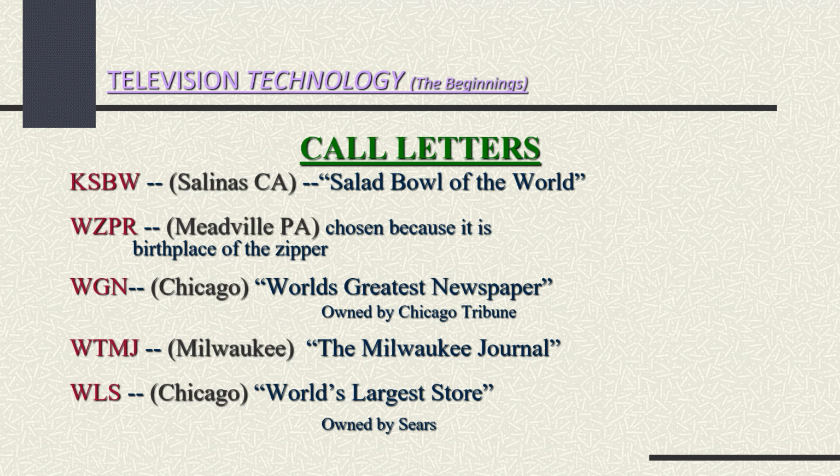And you can see that some of these call letters at radio and TV stations around the country are used to identify the region or the corporation that might own that station. KSBW in Salinas, considered by some to be the salad bowl of the world, with their call letters KSBW. WGN in Chicago was owned for many years by the Chicago Tribune, and the call letters WGN represented the phrase world's greatest newspaper.